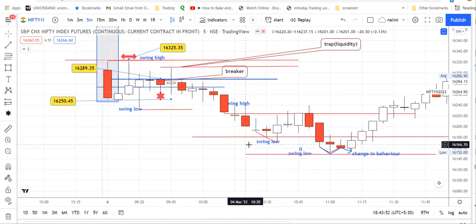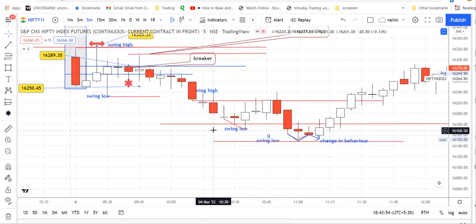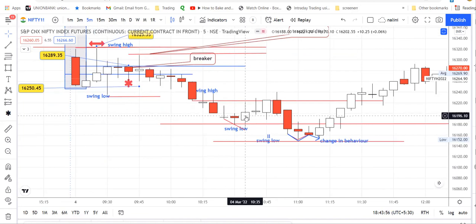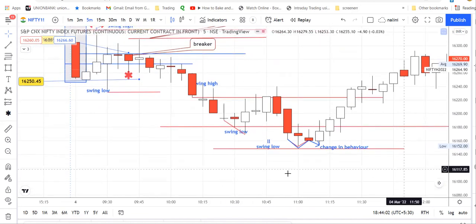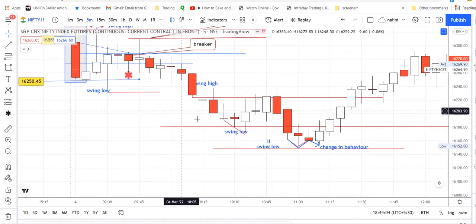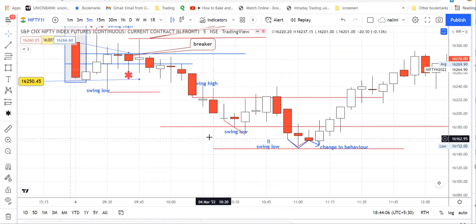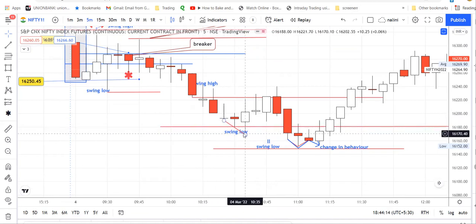In this swing low, you are seeing immediately green candles and a bullish engulfing candle. So you will be confused and you will go for buying, thinking it is going to reverse. No. Why? Because when you see carefully, the candles are making lower lows. There is no change in the behavior.